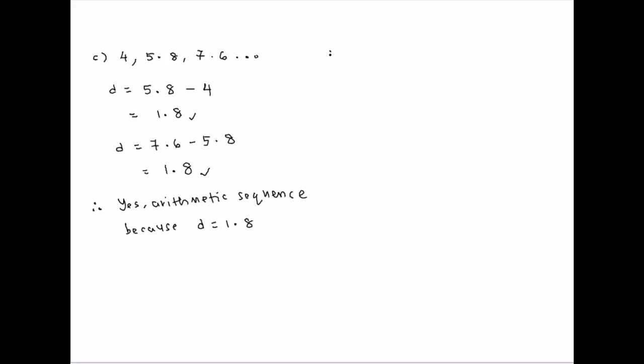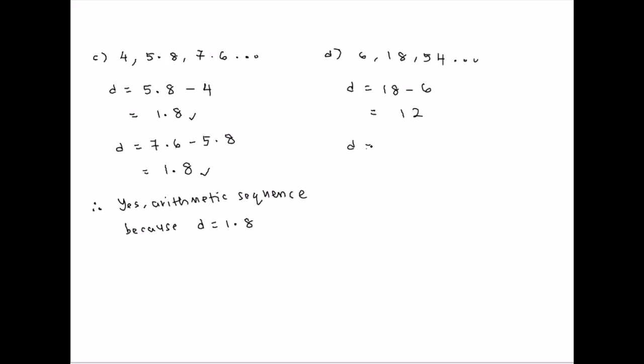Let's look at question D. This time we have a sequence 6, 18, 54. Okay, this is a sequence, but now we want to determine whether this sequence is an arithmetic sequence or not. An arithmetic sequence must have a common difference. Okay, let's try to find the first D. 18 minus 6 equals 12.